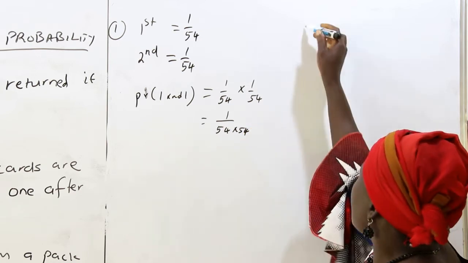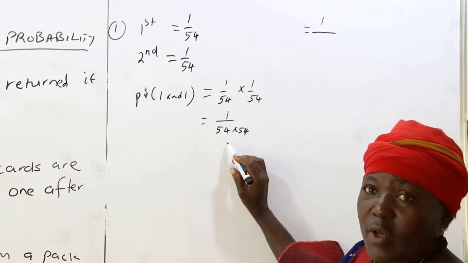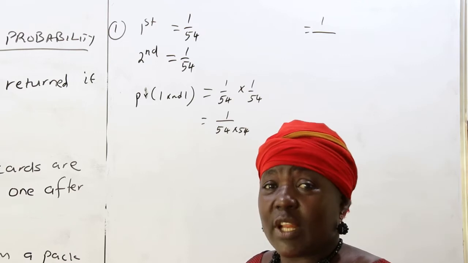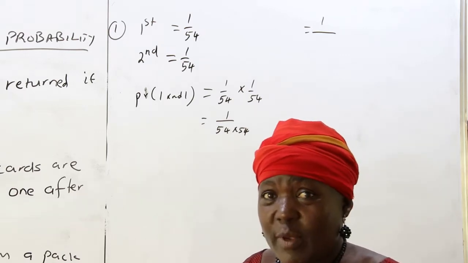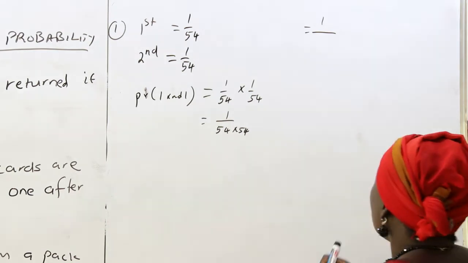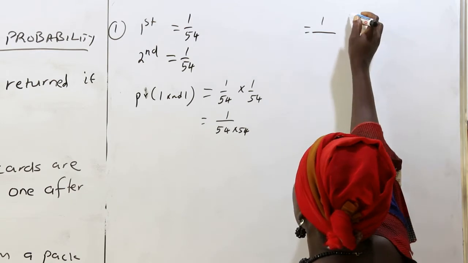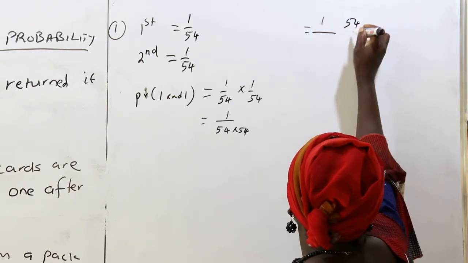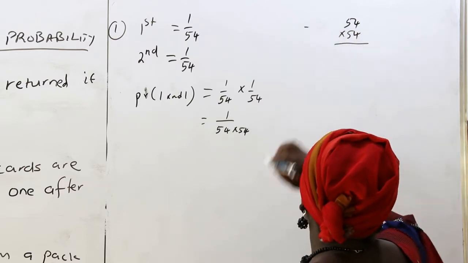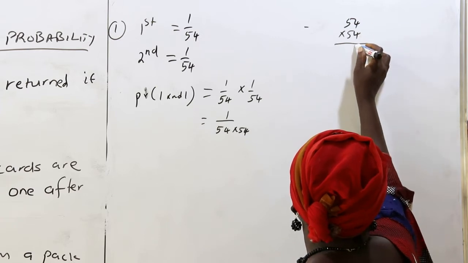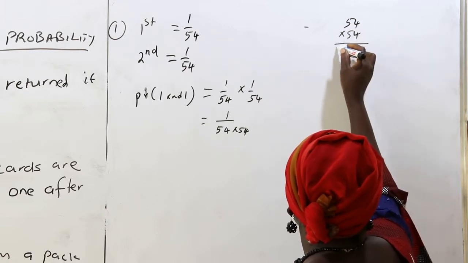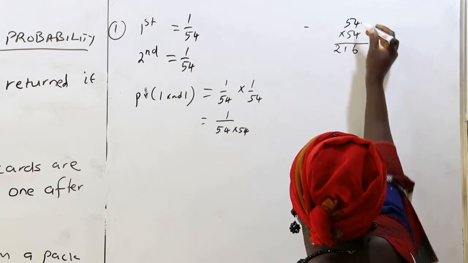And this one you have it as 1 over, you do your traditional multiplication. In JS1, remember, we did 3 methods of multiplying numbers. We did box method, we did Napier method, we did traditional method. So I'm going to use the traditional method to do the multiplication. So we have 54 times 54. So if we do this one, we're going to have 4 times 4, 16, we have 6 carry 1. 4 times 5, we have 20 plus 1, 21. 5 times 4, we have 20.